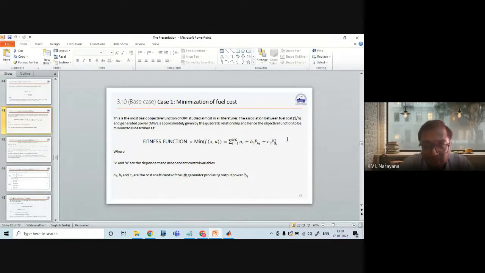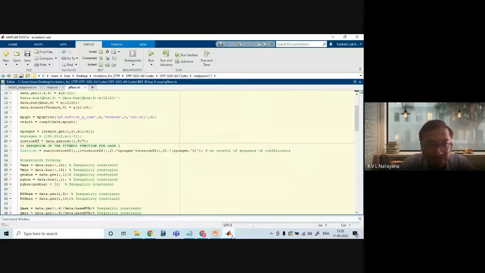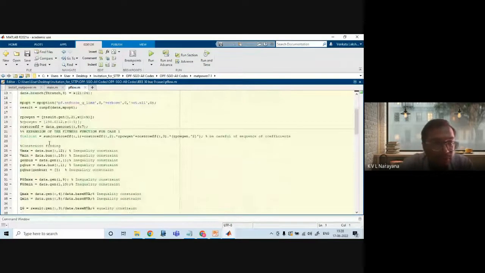So this is to be implemented through MATLAB. So the corresponding MATLAB instruction is this one. Okay, so be careful of sequencing coefficients because coefficient 1 is A1. So the cost coefficient is already defined, that will be taken from the MATPOWER. So this is the cost function.